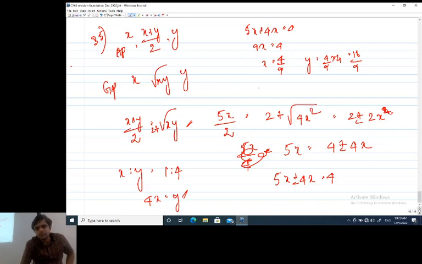Let us go to the second one. 5x minus 4x equal to 4. x is equal to 4. So what is y? In both the cases, the numerator is the same and the denominator is common, so you can ignore it because it is a ratio. So the answer is 4 and 16. Understood?